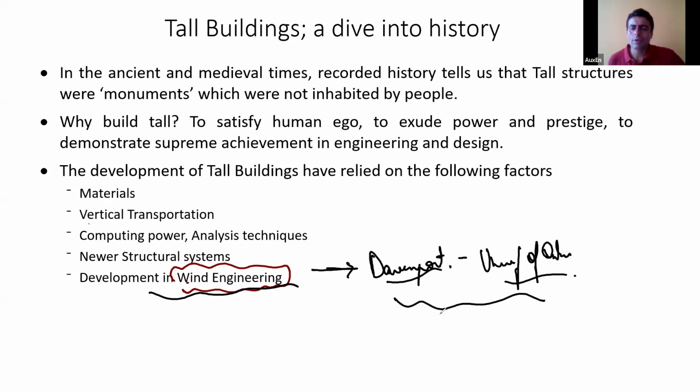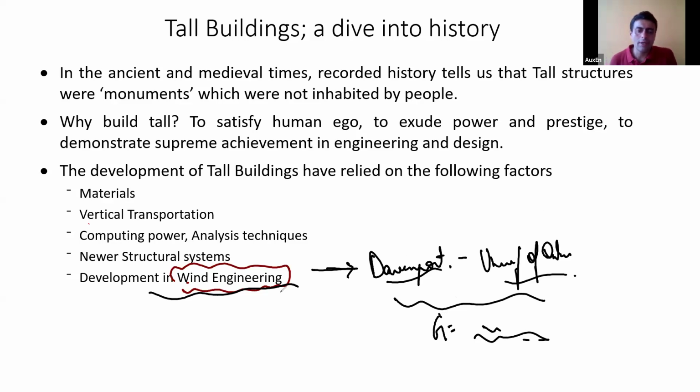And then they were the ones to come up with the numerical calculation. So for example, the gust factor formula that we have, even in the Indian code, have you seen the gust factor formula? Even that formula is derived on the work done by Davenport sometime in the 1940s.